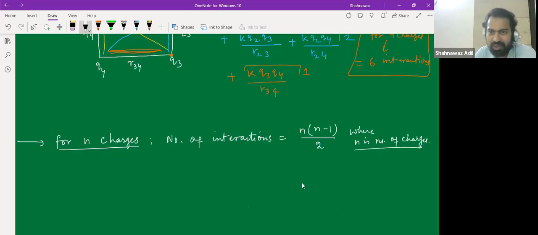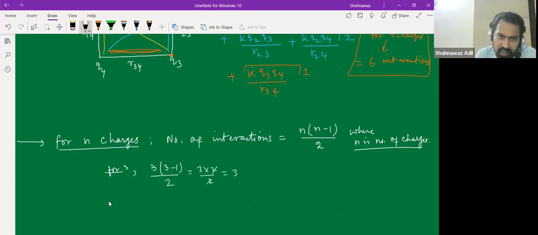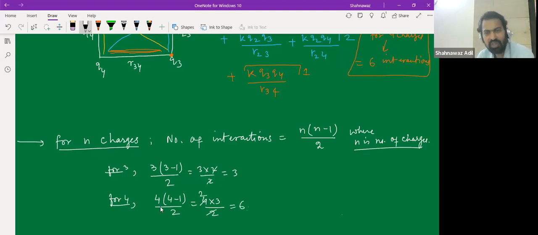Okay, so you can check for 3. For 3 this would be 3 into 3 minus 1 by 2, so 3 into 2 by 2, which is 3. So we are correct. For 4, we have calculated 6. So this is 4 into 4 minus 1 divided by 2, so 4 into 3 divided by 2. So this is 6, right. So we can calculate for 5, 6, 7, 8, 9, whatever number of charges we have.